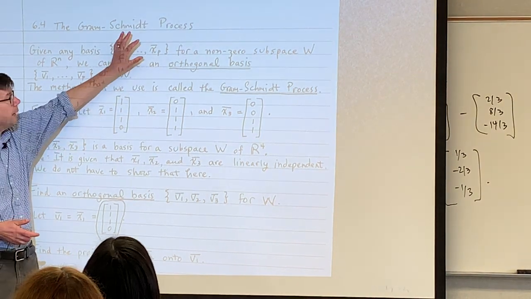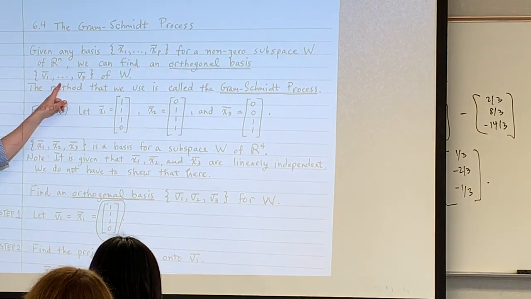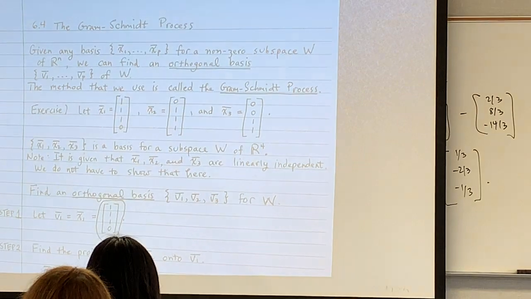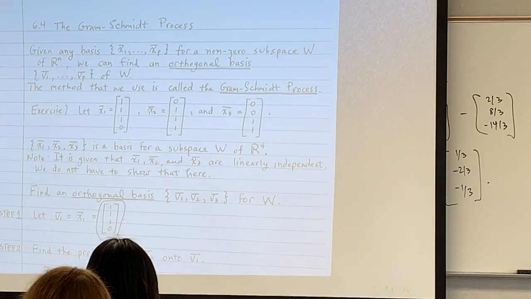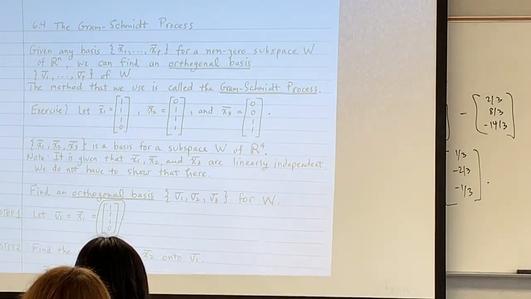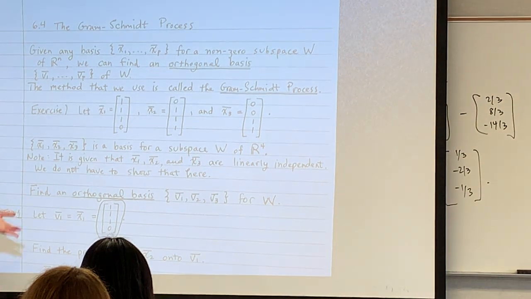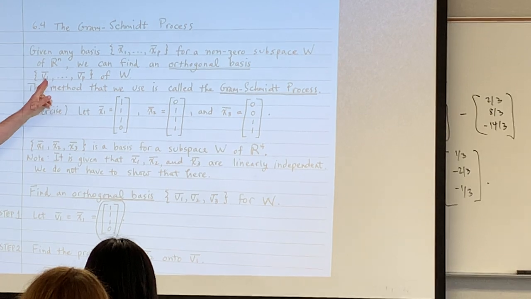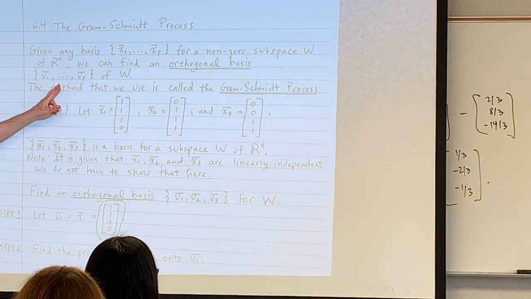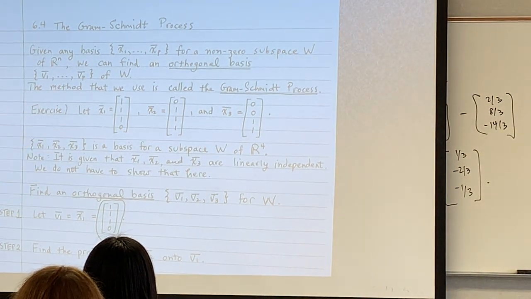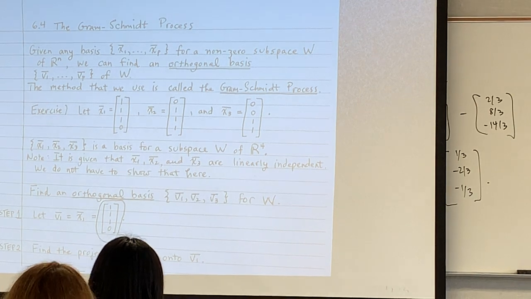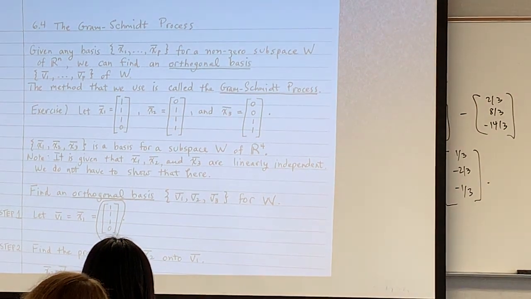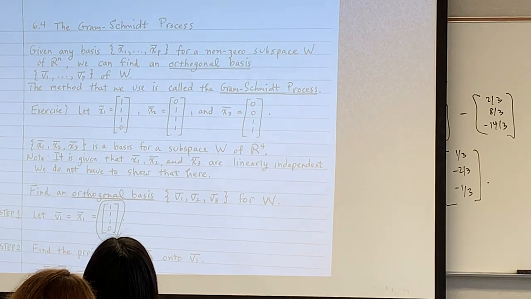Gram-Schmidt is about turning any old basis into a new basis of vectors that are mutually orthogonal. So any basis can be turned into an orthogonal basis. Very classical result. And the number of vectors in the new basis is the same, because if the dimension is p for the subspace, we better end up with p vectors. And this is called the Gram-Schmidt process.